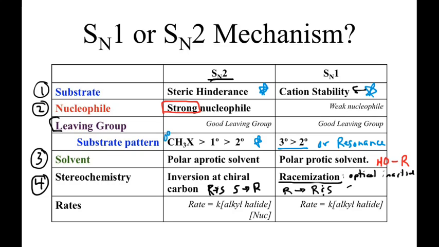What if you start with S? Same deal, you get a mixture of R and S for your products. So in an SN1 reaction, you'll always get at least two products. You've got to watch out for stereochemistry and make sure you account for that when you draw out your products.